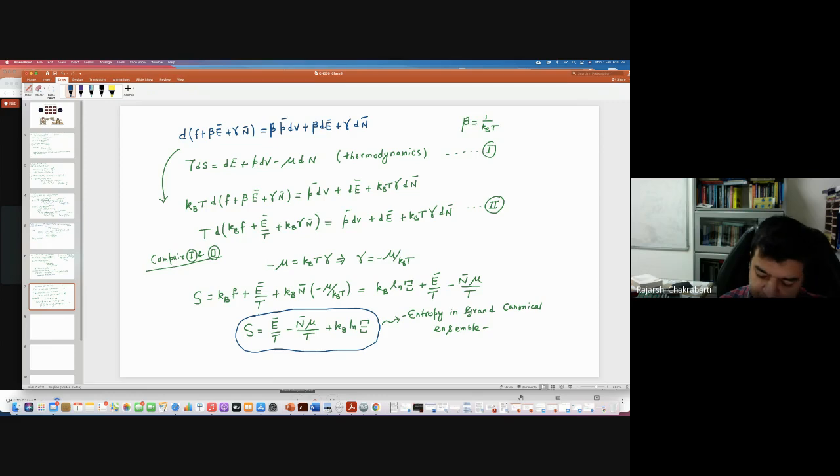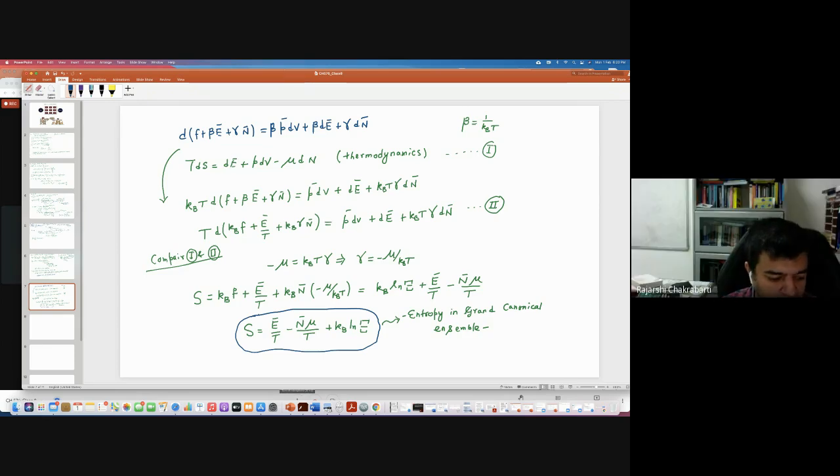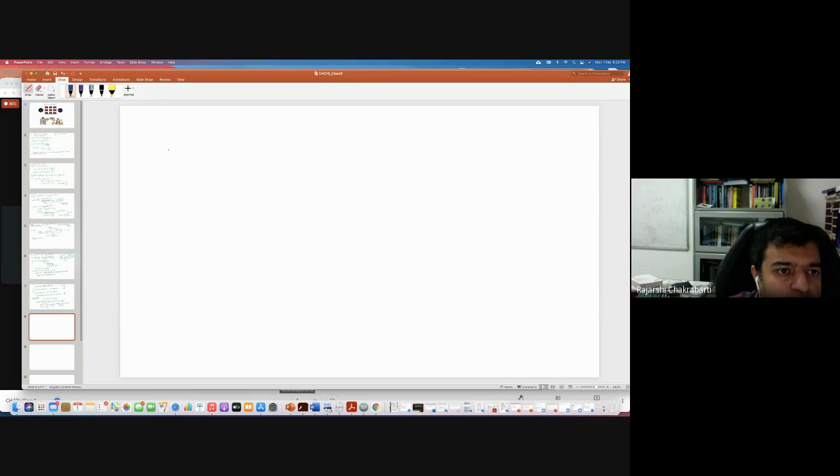Remember, it was k_B log Q plus E bar by T. So now if I go back and write down the final expression for this quantity, which is a function of V, beta is like T, gamma is like mu, this is going to be equal to the sum over N, j of e to the power of minus E_Nj(V) by k_B T, e to the power of mu N by k_B T.